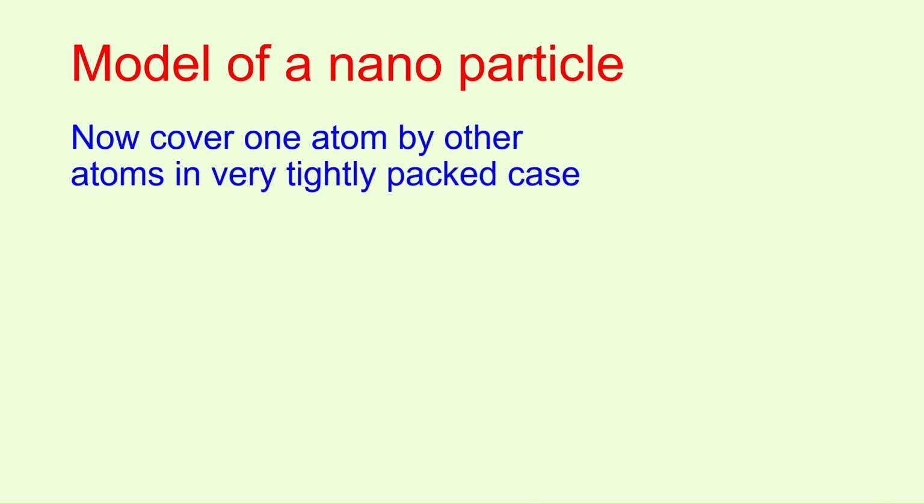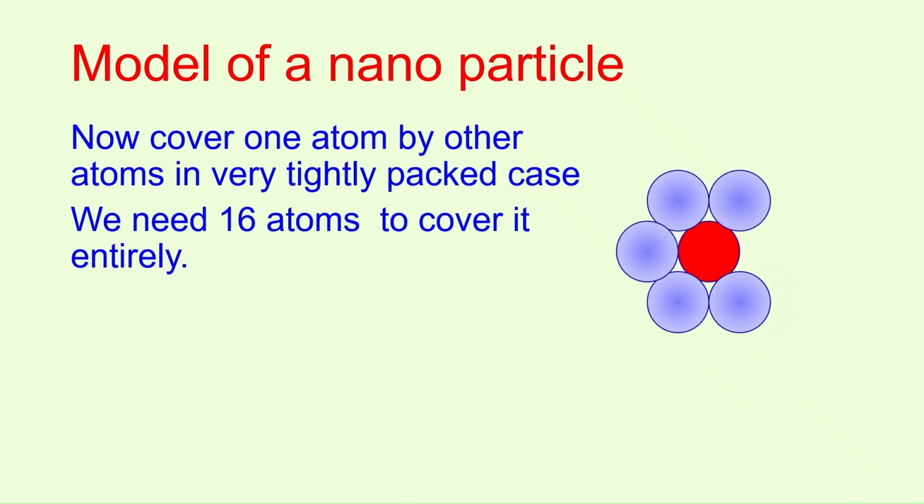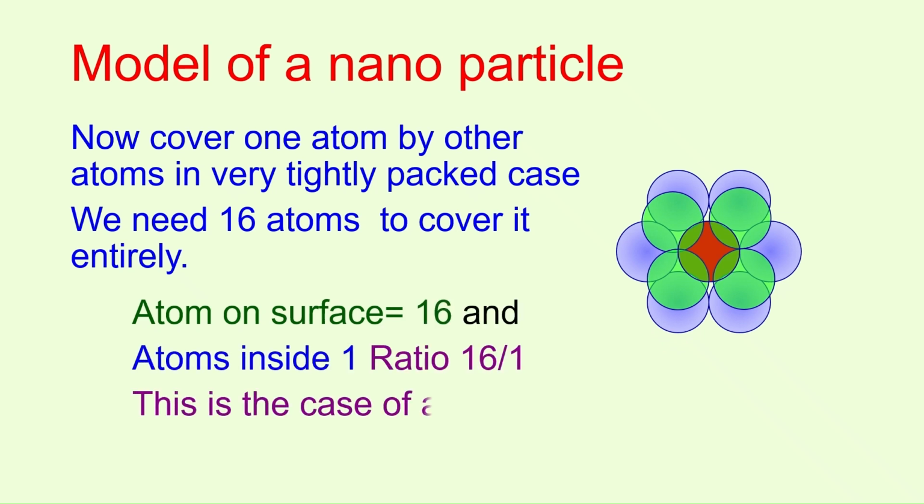Now, to cover one atom by other atoms in very tightly packed case, we need 16 atoms to cover it entirely. Please note, atoms on surface equals 16, and atoms inside 1. Ratio 16 is to 1.